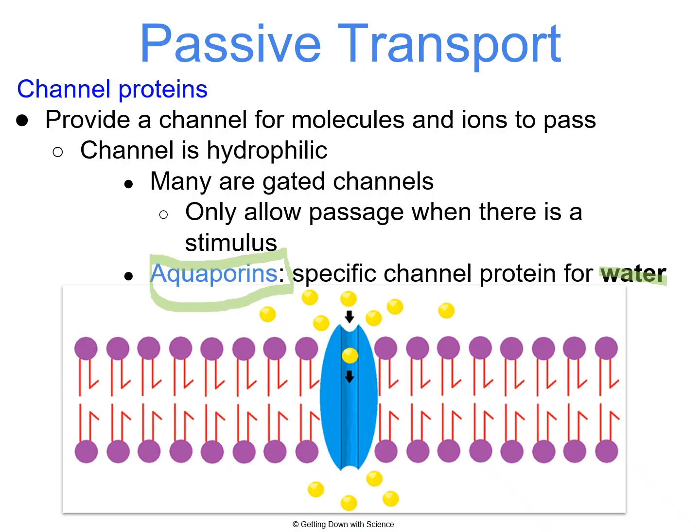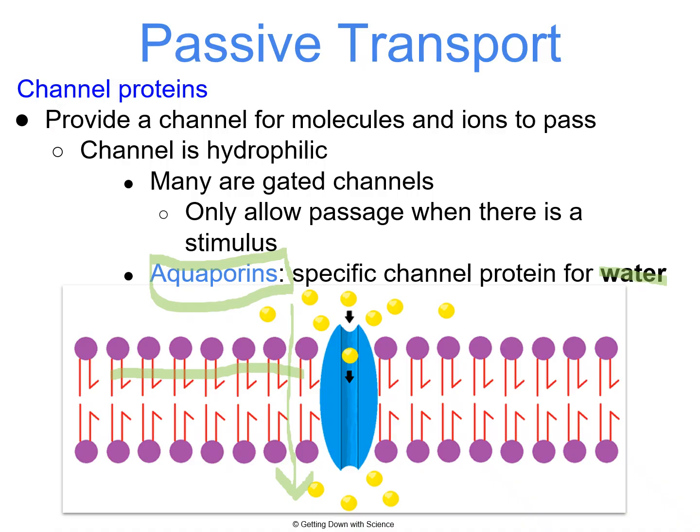Cells need water. However, remember the cell has the fatty acid tails in the center, and fatty acid tails do not interact with water. So if water wants to get from side A all the way down to side B on the inside of the cell, how does it do this when it has to cross these fatty acids?